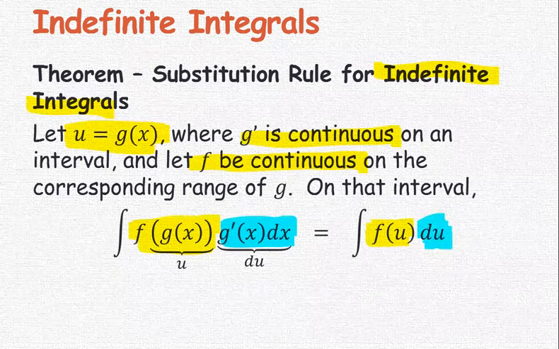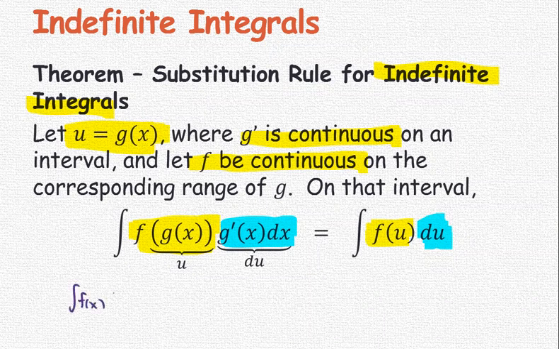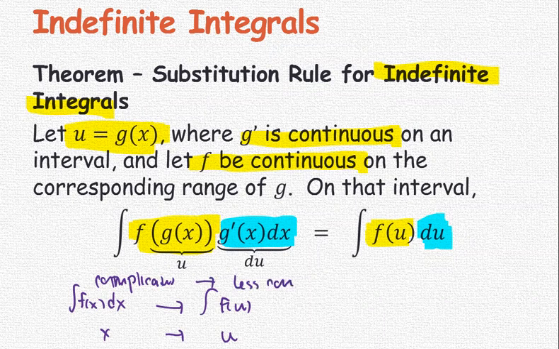That is the use of the chain rule. The whole point of this is to change from the complicated integral involving x into the integral involving the u form, the function of u, from complicated integration into less complicated integration.